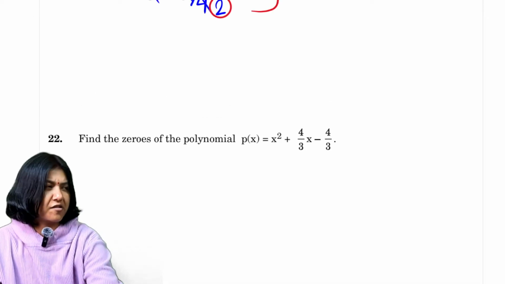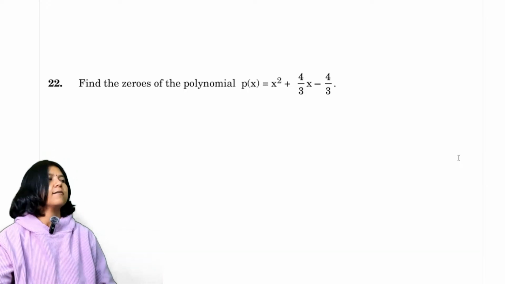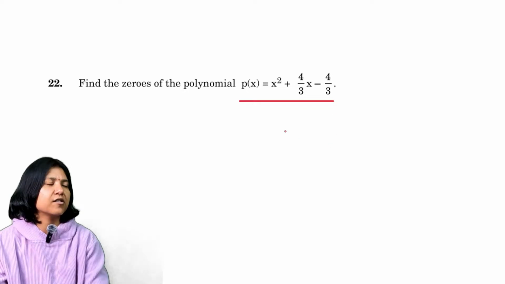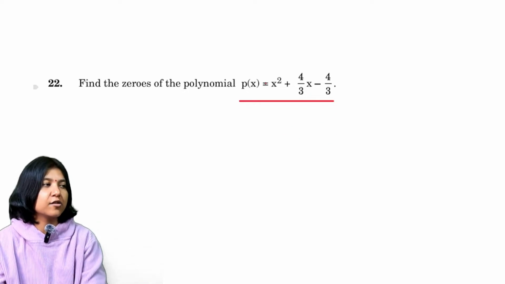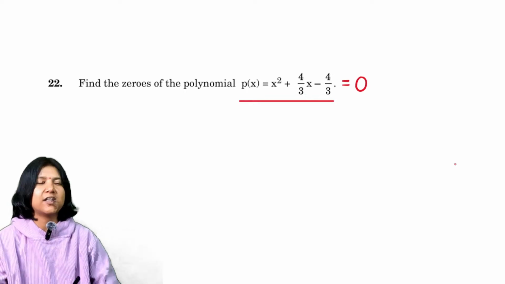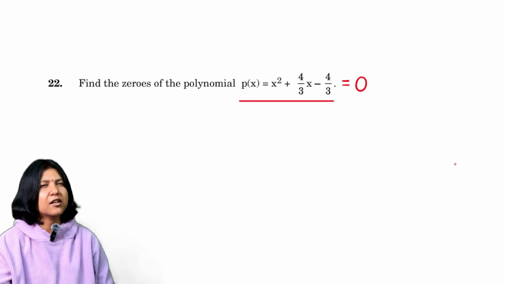Find the zeros. These are just 2 marks questions, so don't expect them to be very hard and don't spend much time. Find the zeros of the polynomial. This polynomial has been given to you, so finding the zeros means you want to find the value of x such that this whole thing becomes 0. So first of all, make it into an equation by equating with 0.